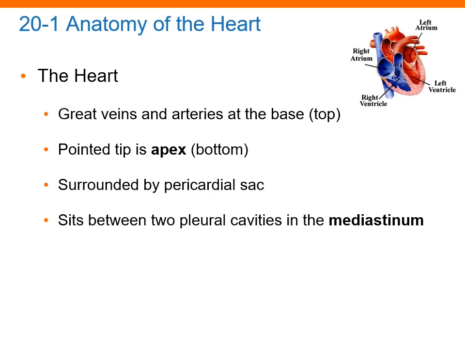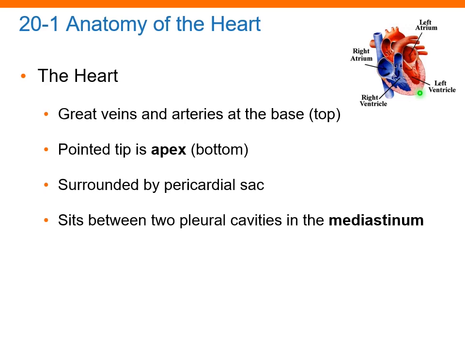So in terms of the anatomy of the heart, again, just a little more on the anatomy. The great veins and arteries are at the base. I want to highlight the fact that the base in this case is the top, as we normally think of the base as the bottom of something. The base is the top because the apex comes to a point, and that's at the bottom of the heart.